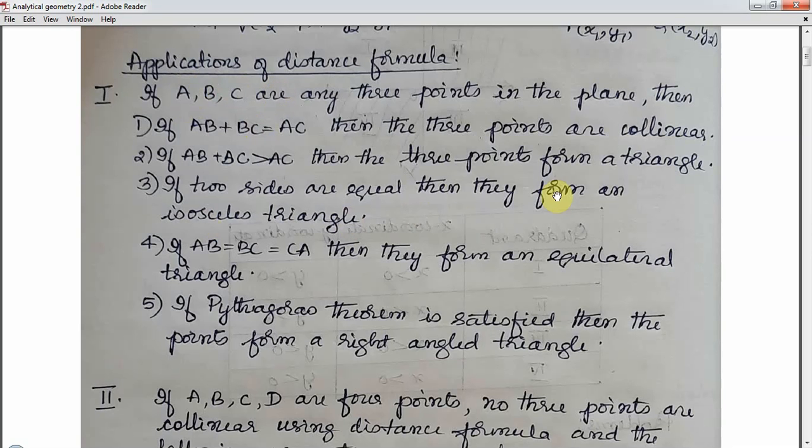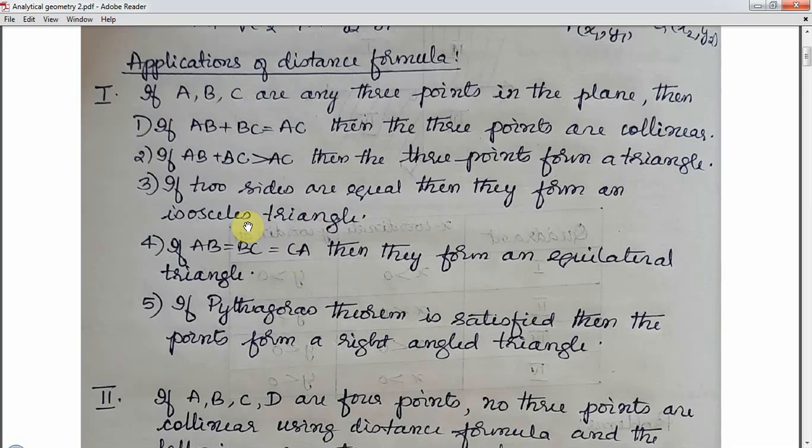If two sides are equal, then they form an isosceles triangle. What do you mean by an isosceles triangle? Triangle means it has three sides. In that triangle, if two sides are equal, then we say that the triangle is an isosceles triangle. Therefore, if I measure the three distances out of which two distances will be equal, then they form an isosceles triangle.